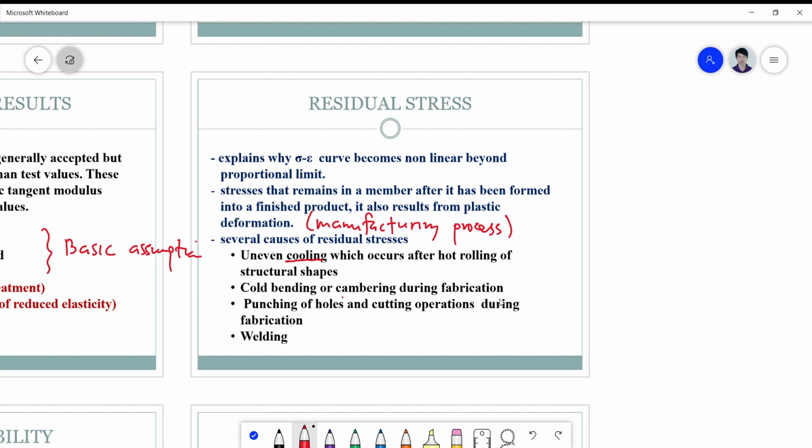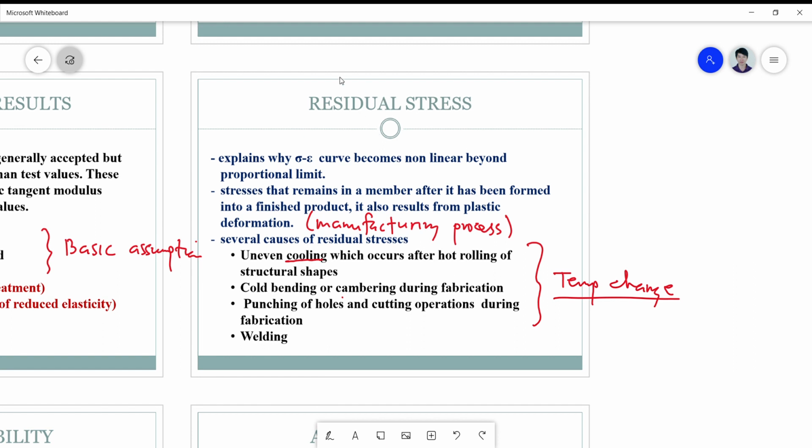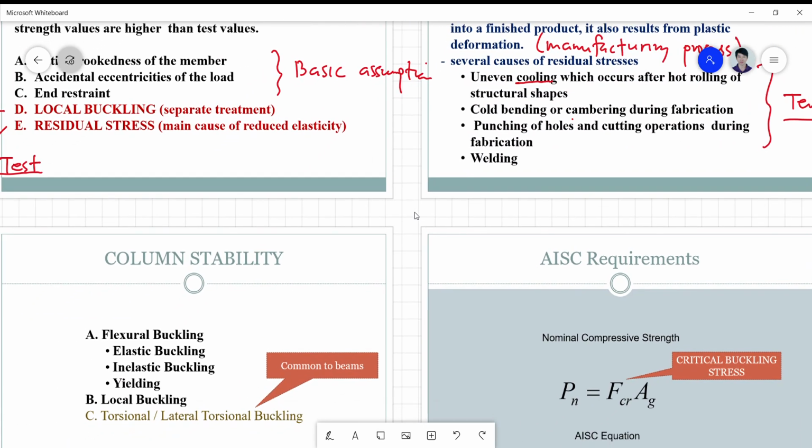So this has something to do with the temperature differences from the application of heat to the process of cooling down to a normal temperature. All of these are contributory to the residual stress of your member.